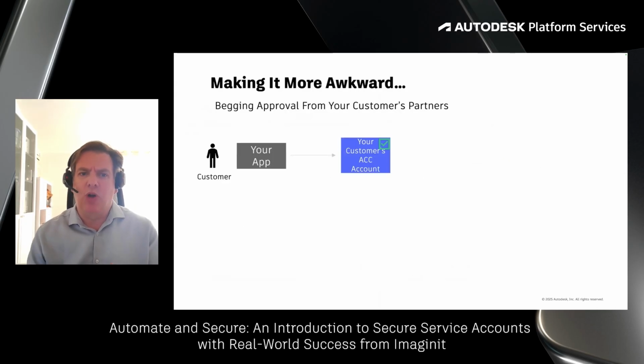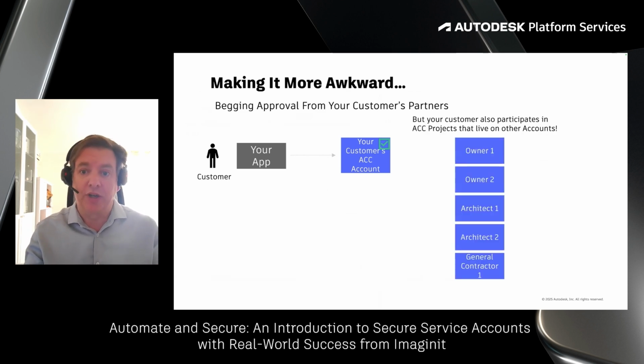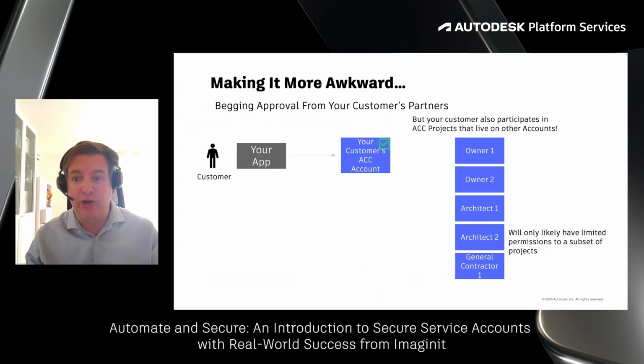And making it more awkward, it's one thing when it's your own company. Like if you're developing your own application for your own company, you can just go in and check a box and fill it in, and you're up and running on your own account. Or even your customer's account. You're selling to one customer. But the nature of the AEC industry is that these Autodesk Construction Cloud projects live in lots of different people's ACC accounts, in an owner, in an architect, in a general contractor.